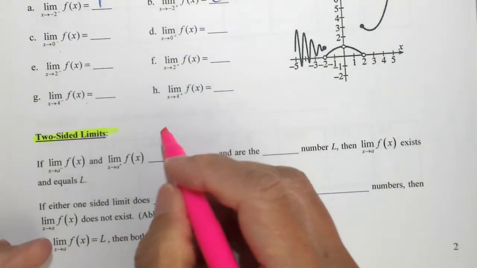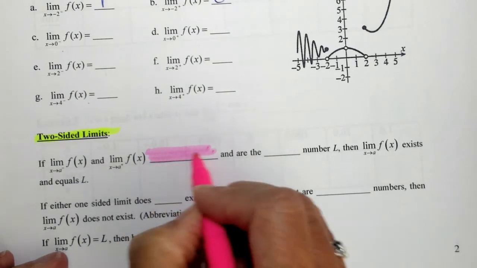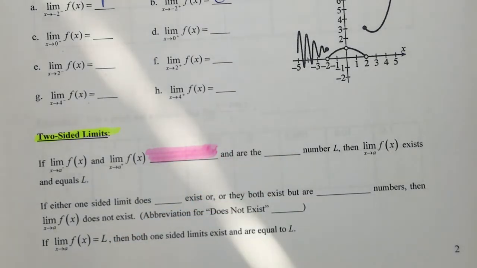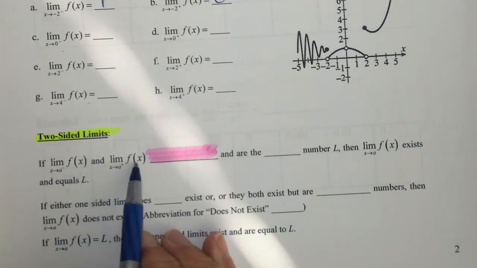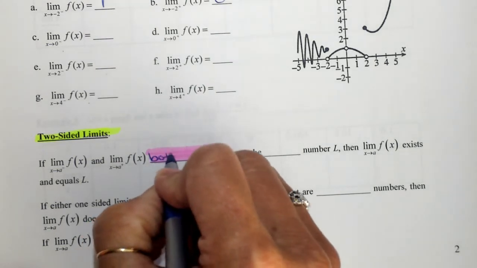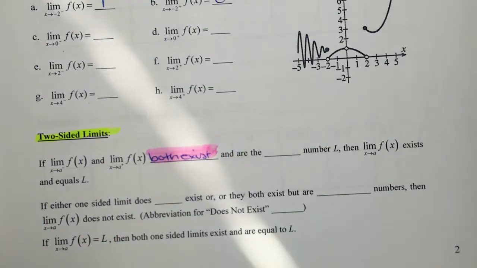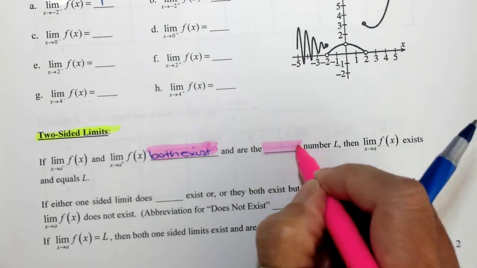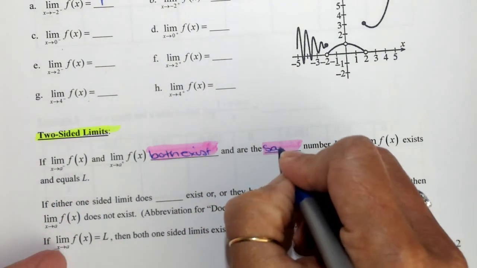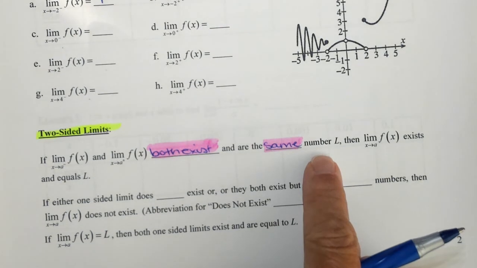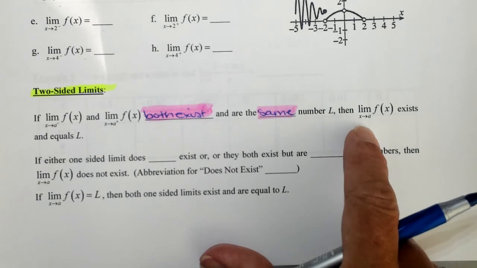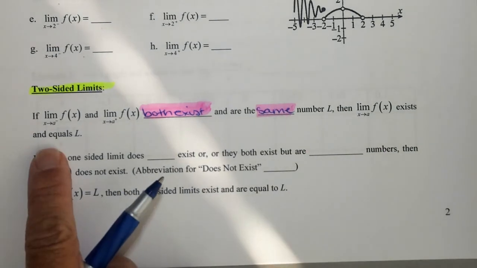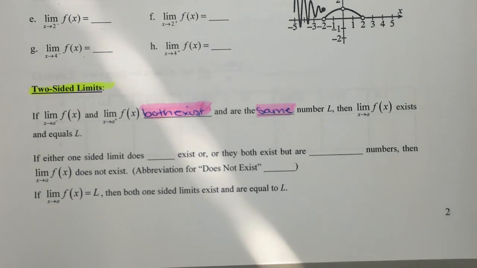First of all, what the definition states here is that if the limit as x approaches a from the left and the limit as x approaches a from the right of f of x both exist, so they must both exist, and they have to be the same value, the same number L, then what we're saying is the limit as x approaches a of f of x exists, and it's equal to L. Okay, so the caveat here is they have to be the same value.